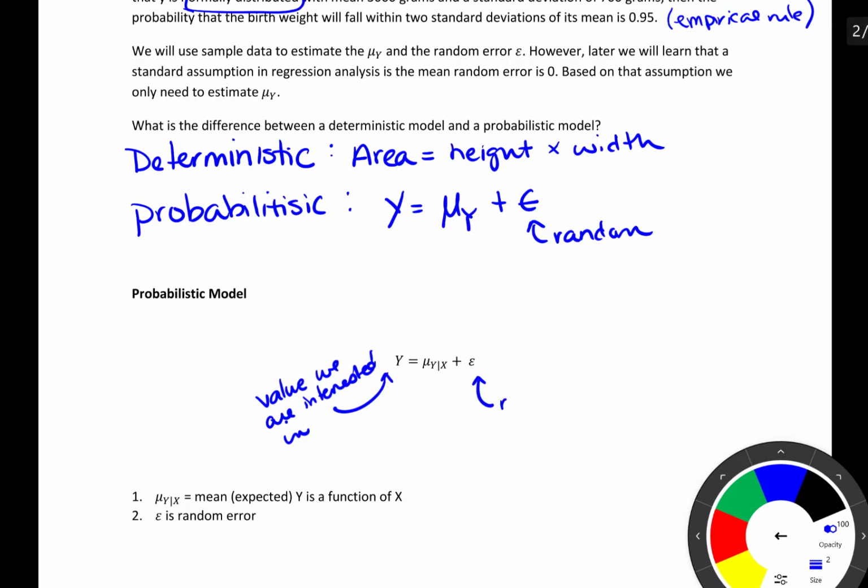Epsilon is still the random component, the deviation from the true overall mean. And now, instead of just mu sub y, we have mu sub y given x. This is still the true mean of what we're interested in, but by conditioning on that x, we can make this a function of other variables.